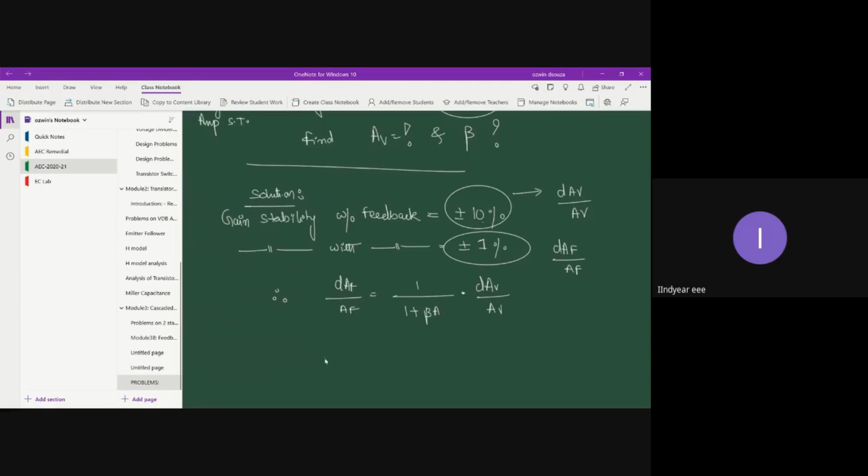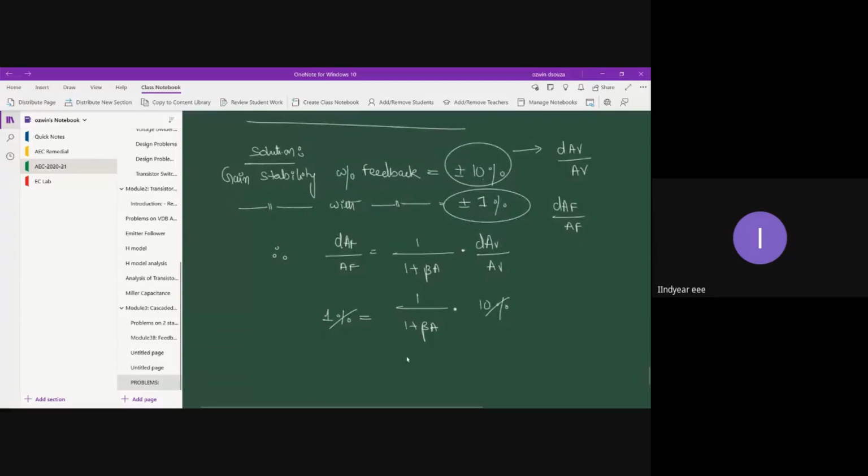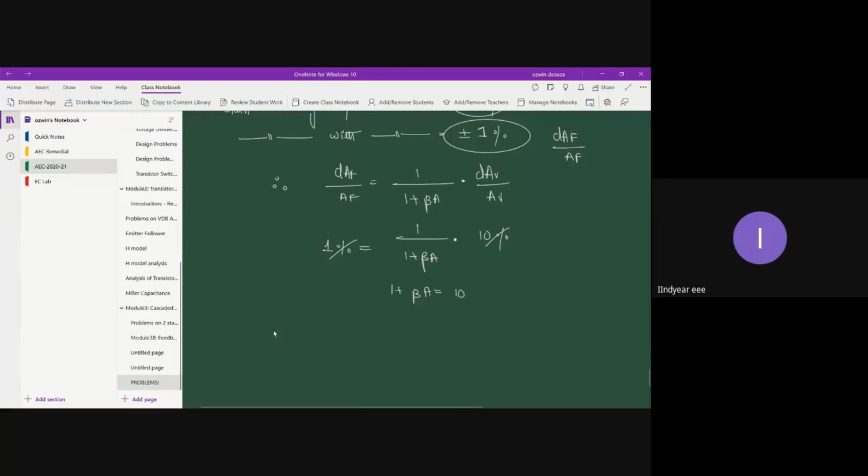So 1% is equal to 1 divided by 1 plus beta A into the right hand side 10%. Even if you divide by 100, this percentage is going to get cancelled. So when you cross multiply, you get 1 plus beta A is equal to 10.